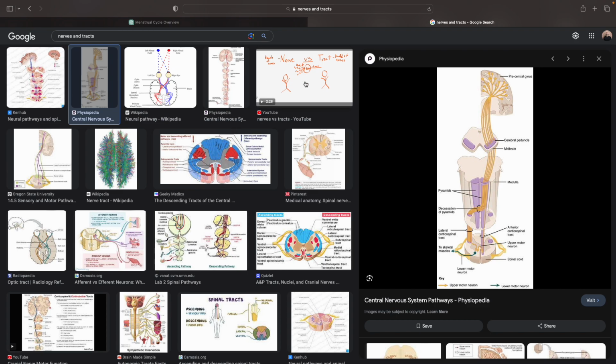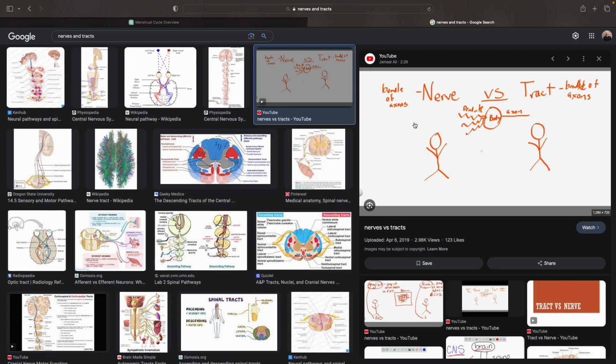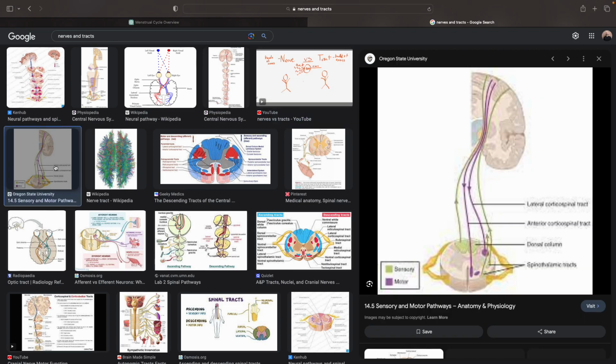So, bundle of axons, nerve versus tract, bundle of axons versus, so axon, dendrite, body. This is the worst explanation of nerves and tracts. Lateral corticospinal tract. Again, we have tracts.